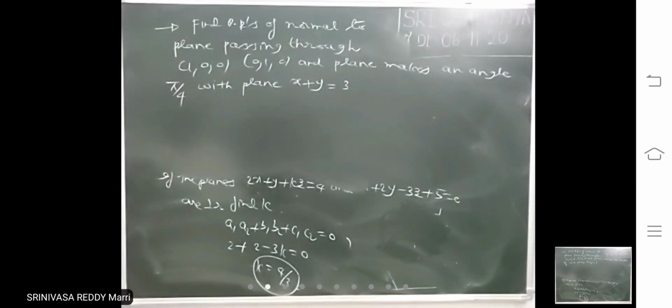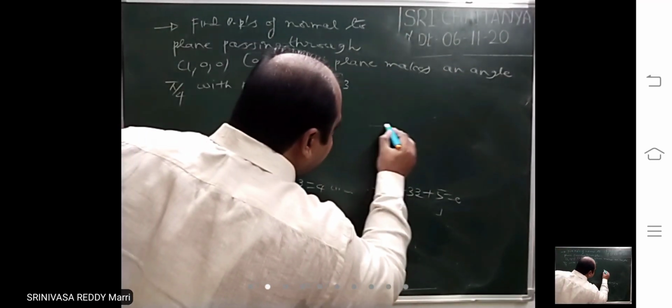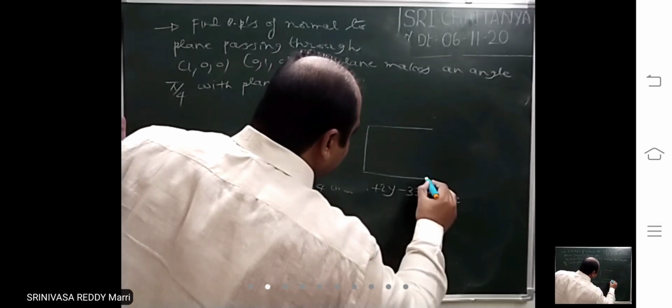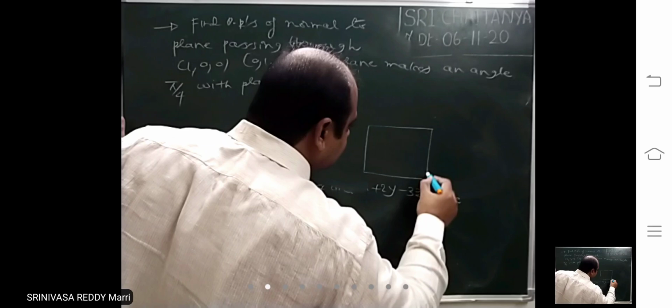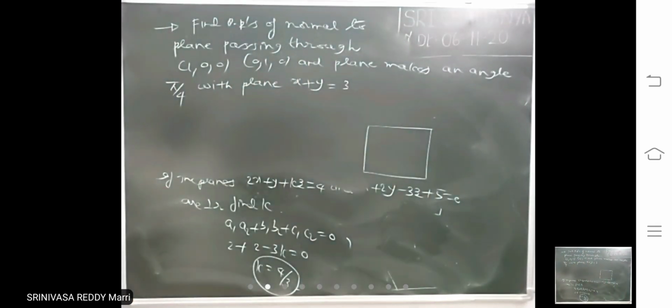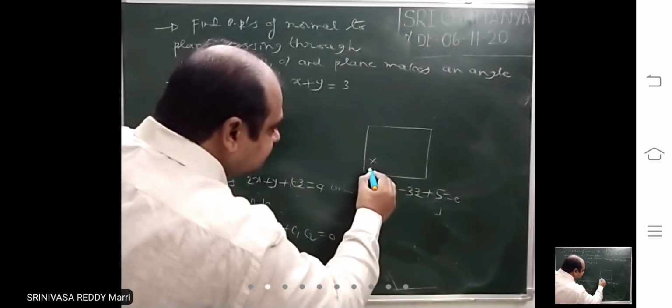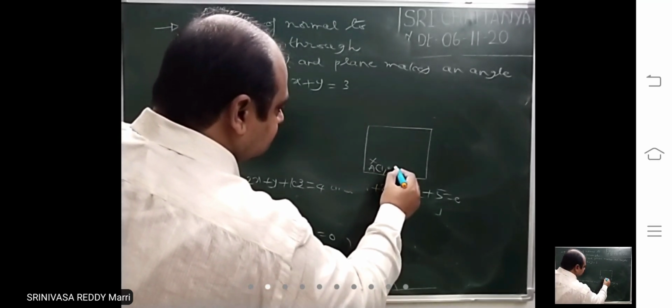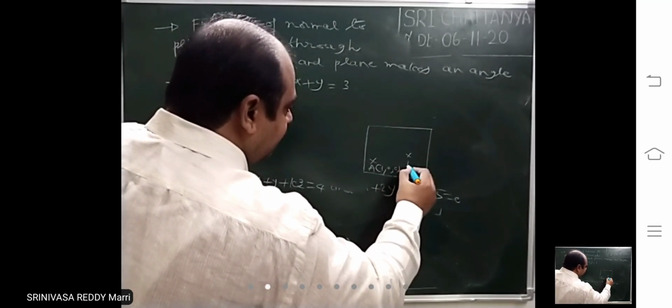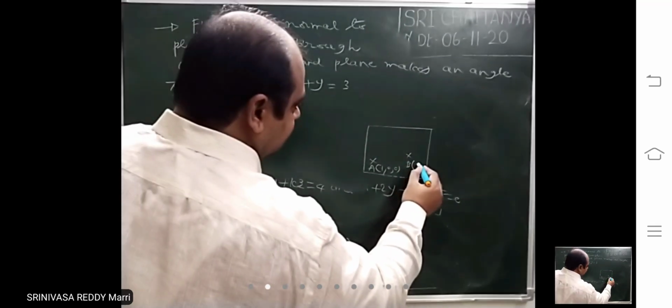One plane is given. Look at, you have to find the plane. Our required plane, let us say this is the one. It is passing through 2 points, this is 1 point and this is 1 point.